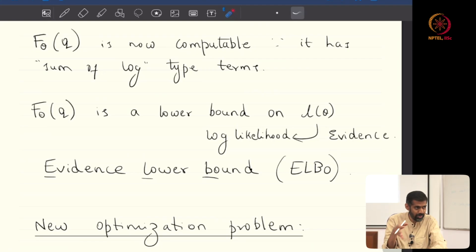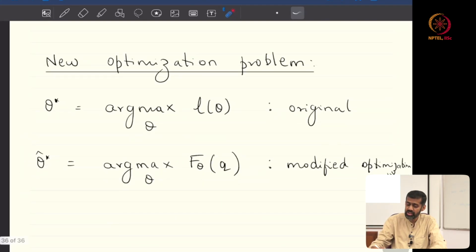The EM algorithm is one such algorithm, as we will see now. But remember that instead of maximizing the likelihood function, we are now finding the parameters by maximizing a lower bound on it.